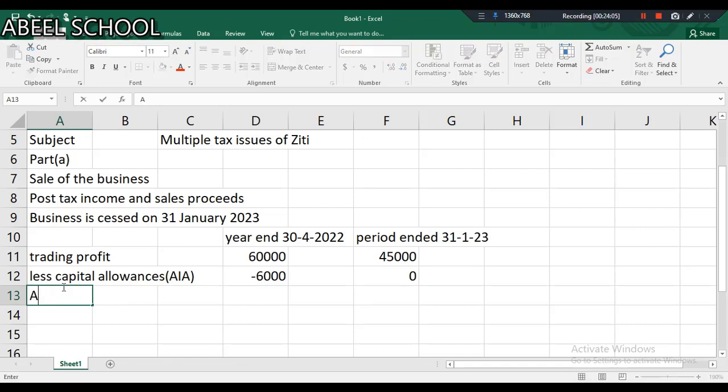So simply I'm going to add the balancing charge.